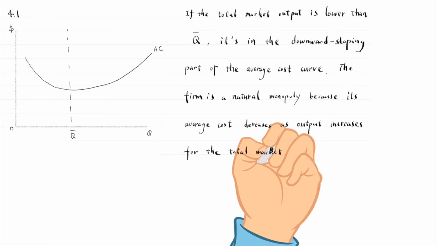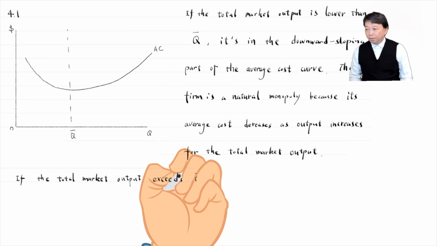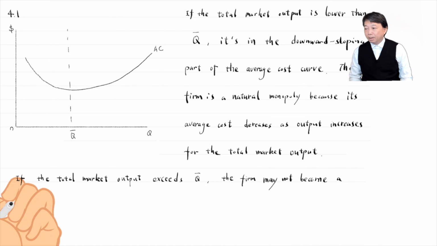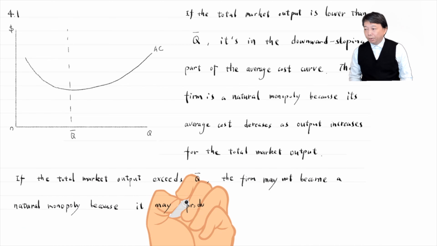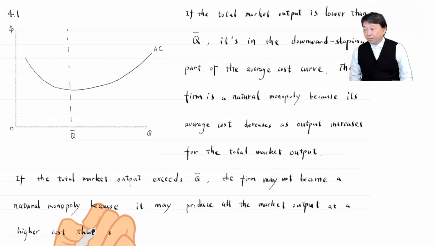On the other hand, if the total market output exceeds the Q bar, the firm may not become a natural monopoly because it may produce all the market output at a higher cost than several firms.